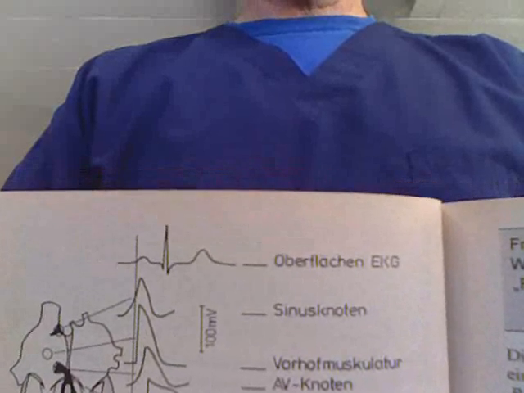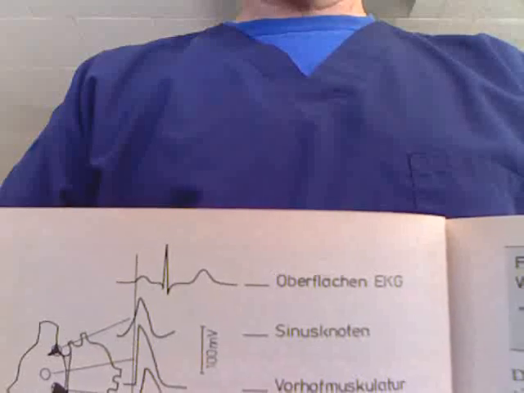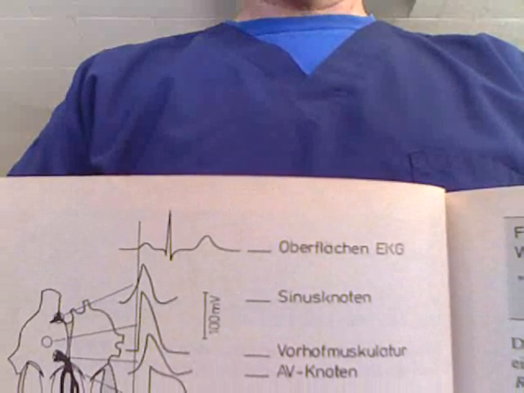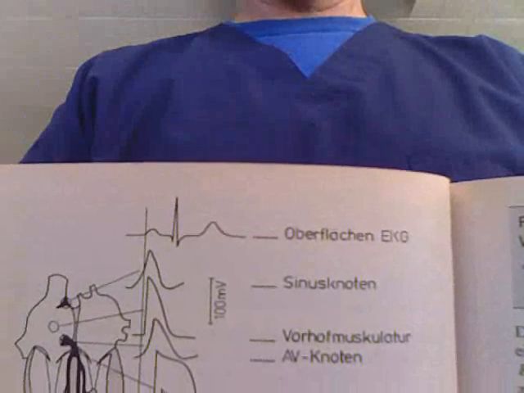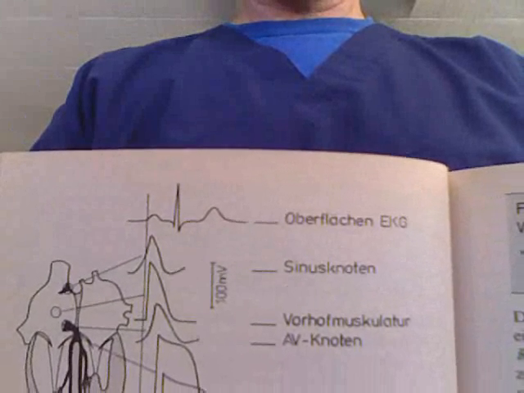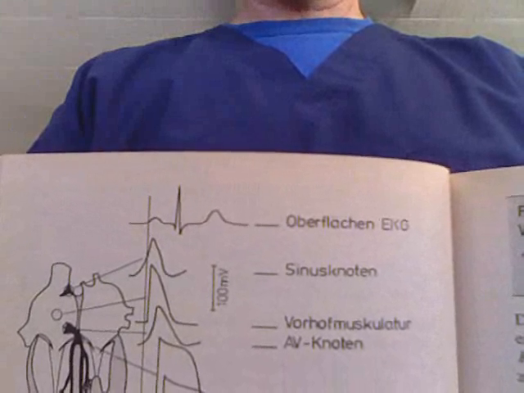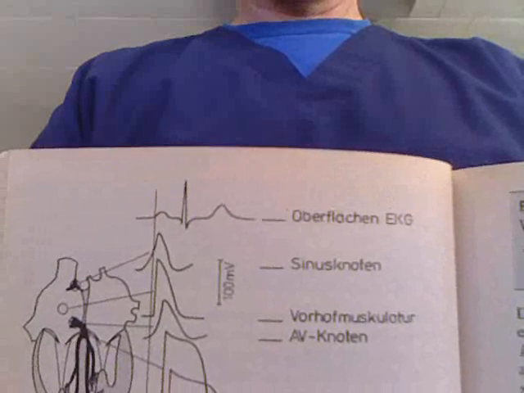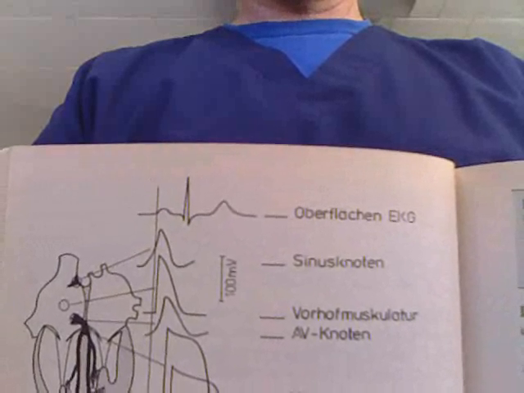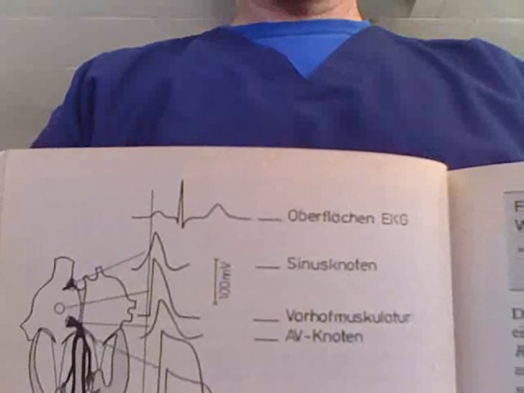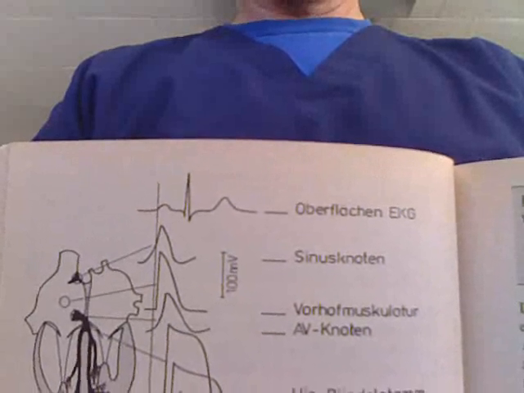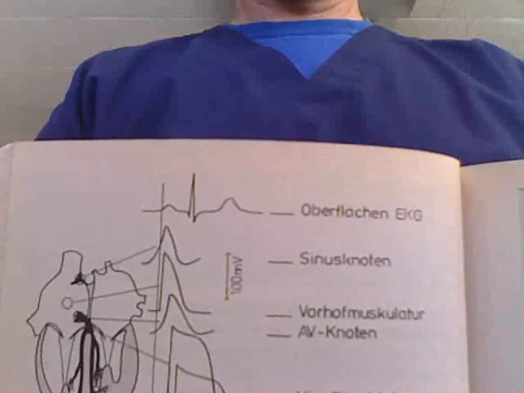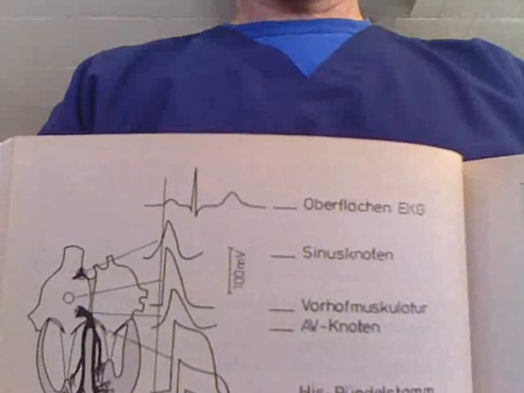Let me pan down so you get the concept of what they're doing in this diagram. We go from the Sinusknoten, which is the sinus node, and you see the arrow pointing to it in the heart. Then there's the electrical signal that it generates, and if you follow that up to the surface EKG, you can see where that signal is associated with the surface EKG. So that's a wonderful teaching model.